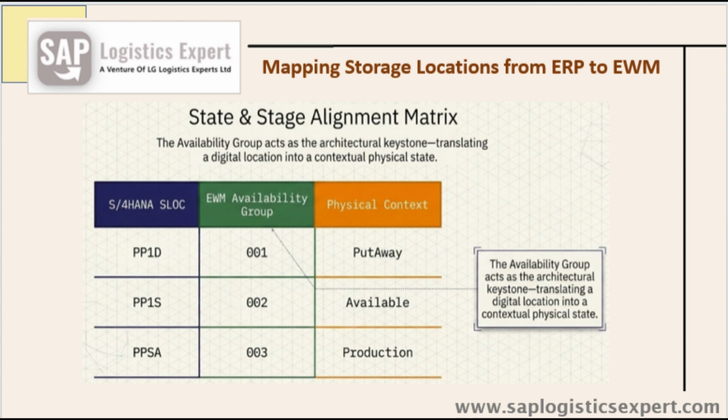Storage location PP1S to availability group 002, stock is completely available. Storage location PPSA to availability group 003, stock is available for production. This mapping ensures that S/4HANA and EWM always agree on stock ownership and visibility.